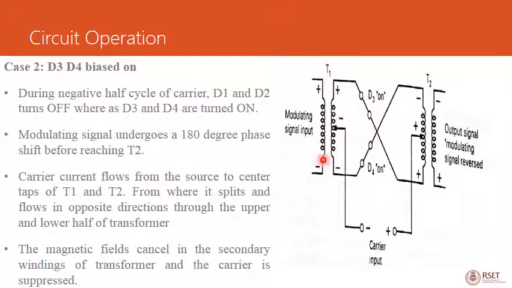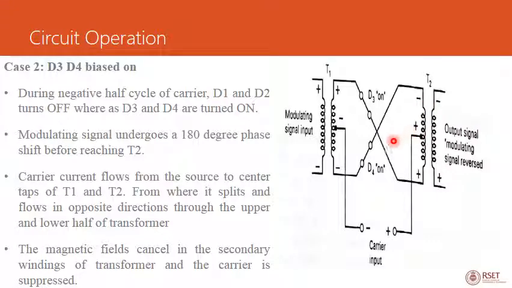Consequently, the modulating signal undergoes a 180-degree phase reversal before reaching the transformer T2. At T1 the modulating signal has polarity plus minus, but because of D3 and D4, at T2 there will be a 180-degree phase reversal, represented as minus and plus.